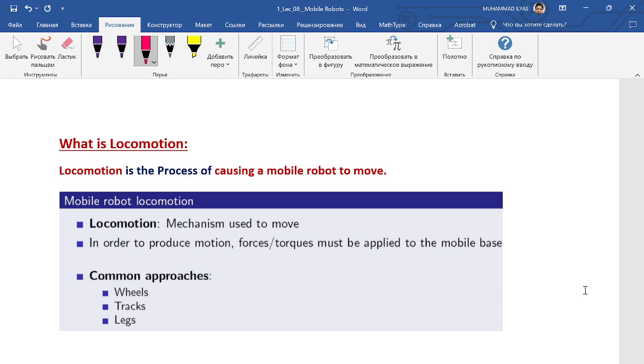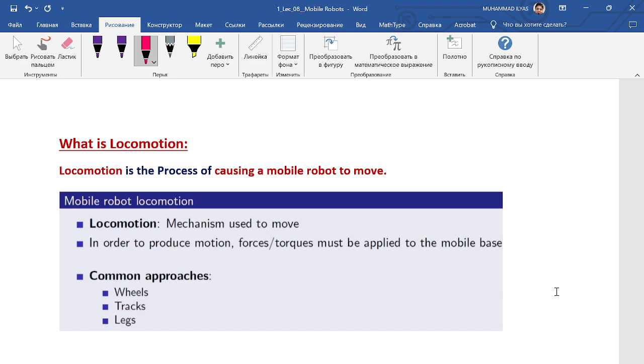Basically, how can we produce the motion or torque to move this mobile base? We have designed some mobile base through mechanical knowledge, and now we want to add some electronics and move it in its environment.